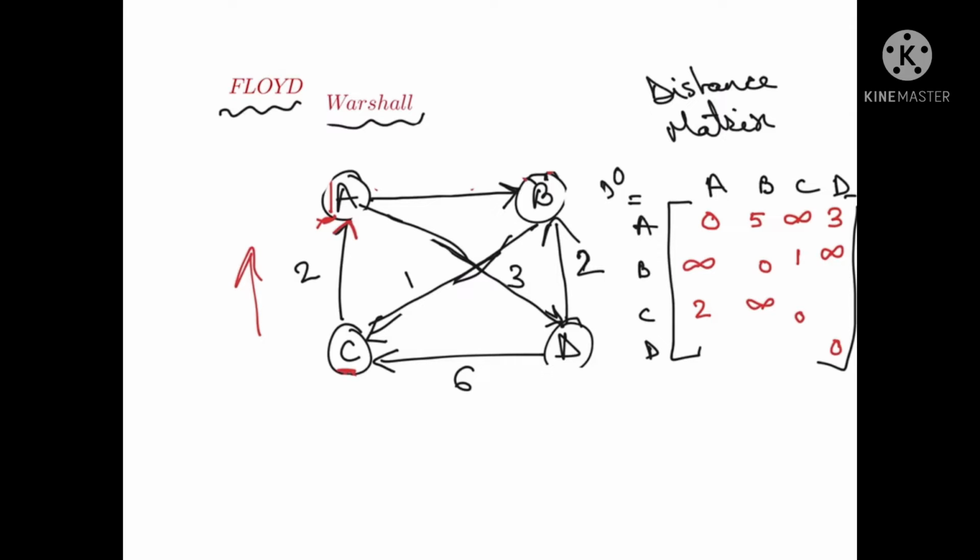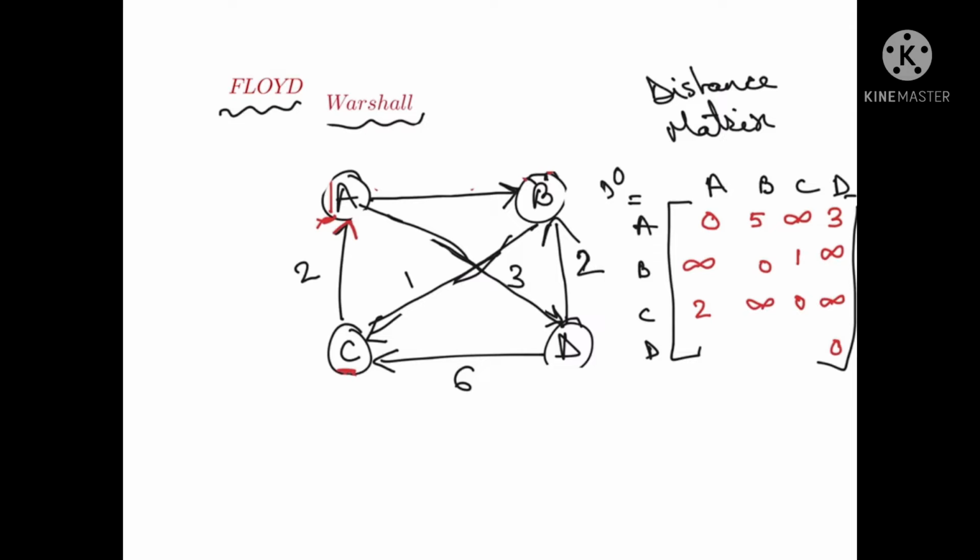C to C is already 0. And then C to D. Do you see a path here? No, it's not possible, so it is infinity. I think this is clear now.